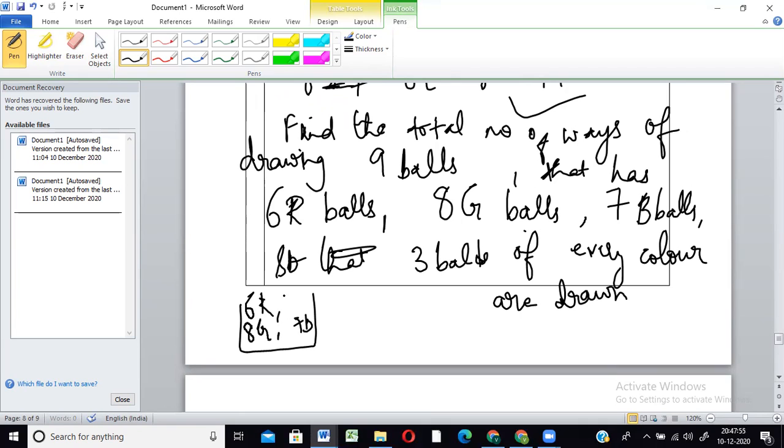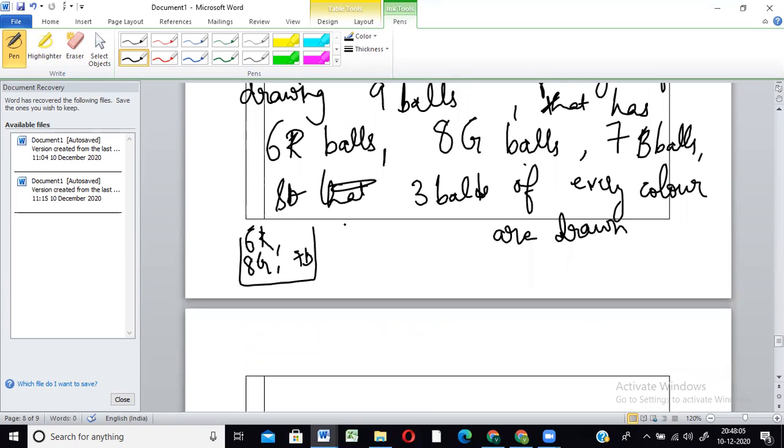Out of all these balls, we have to choose 9 balls in such a way that 3 balls of each color are drawn. That means 3 red balls, 3 green balls, and 3 blue balls. So in total 3 plus 3 plus 3 becomes 9. So in total 9 balls should be drawn in such a way. How many ways can we do that?